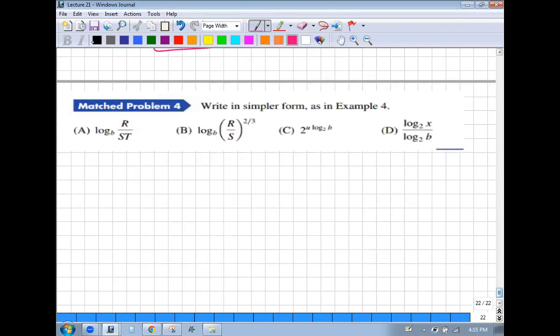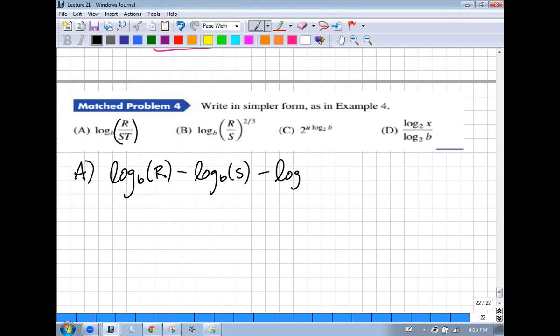Okay. A. This is log base b of R. Since these are being divided on the inside, we can subtract them. Log base b of S, minus log base b of T. This one, they really mean this. So we could take this exponent and put it out front. 2/3.